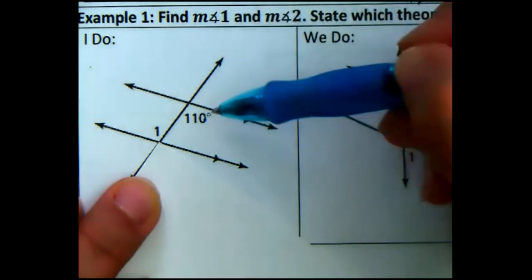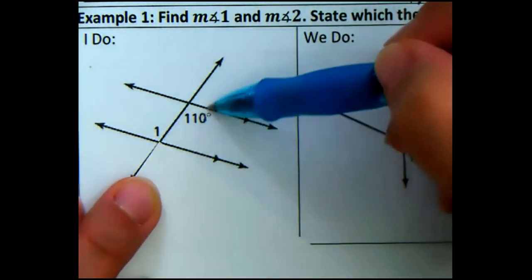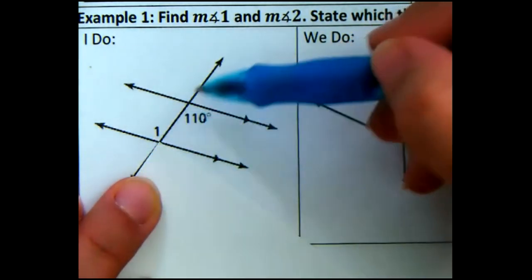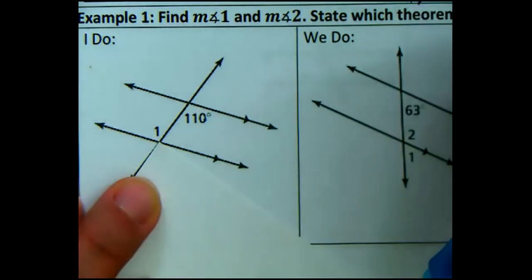Okay, again, alternate, they're on opposite sides of the transversal. Interior, they're between my 2 parallel lines, and they're from different intersections. One's from the top intersection, one's from the bottom intersection.